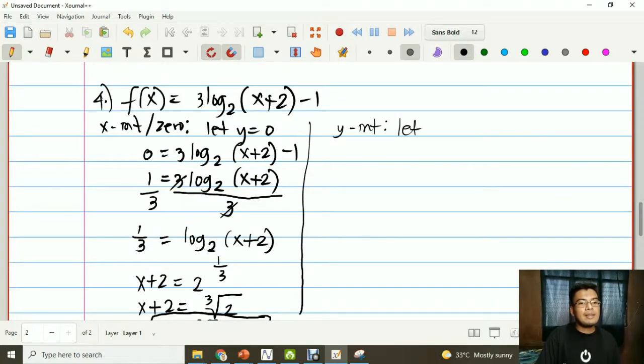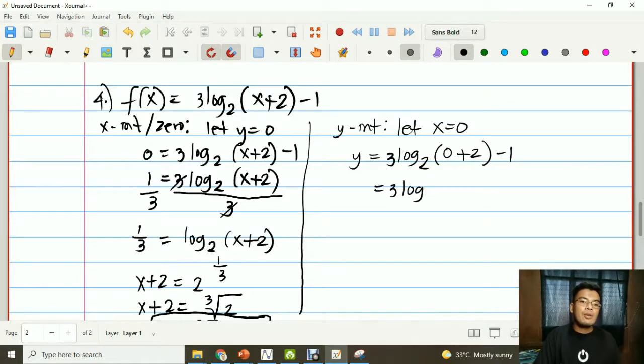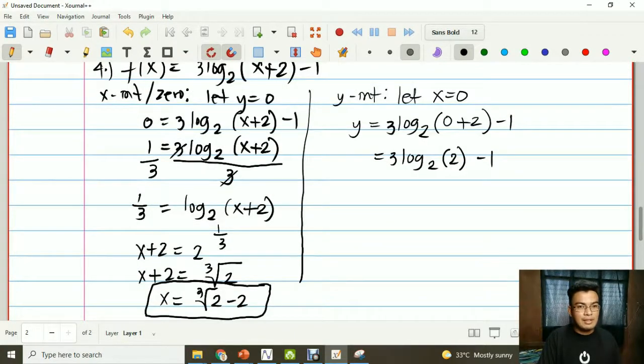For our y-intercept, we let x be equal to 0. So this will be y is equal to 3 times log base 2 of 0 plus 2 minus 1. So this will be 3 times log base 2 of 2 minus 1. So how are we going to simplify this?